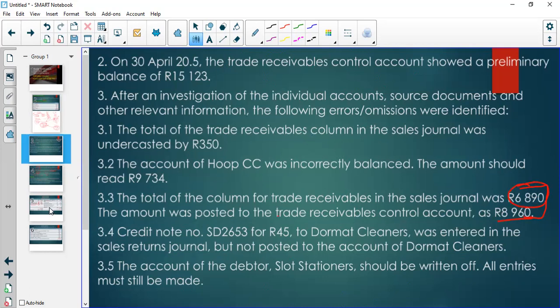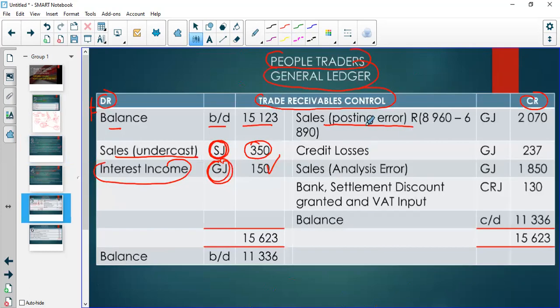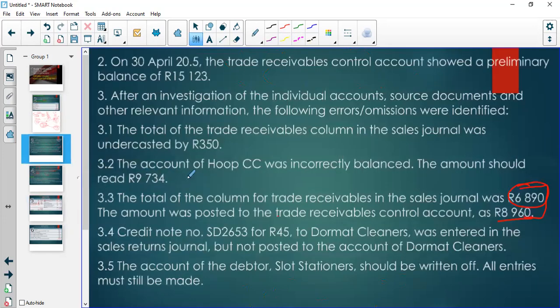So that's why we have it here as sales posting error. All right. In other words, we debited the sales account, because it was also too much. So when we correct errors, we use the general journal to correct errors. Then credit losses, remember that the account of that guy was supposed to be written off. If you want to remember, that says that must be written off.